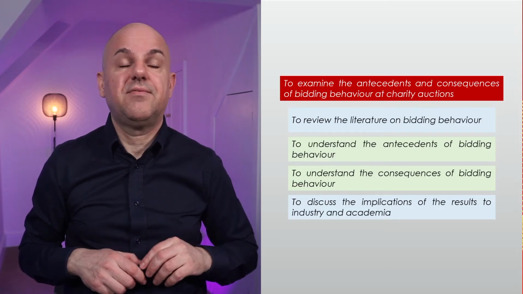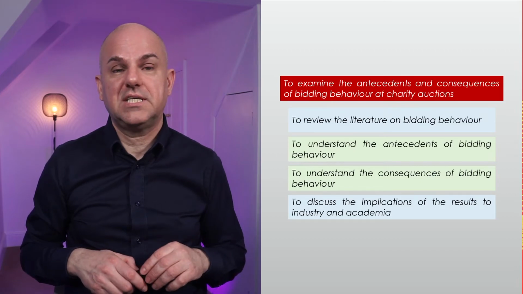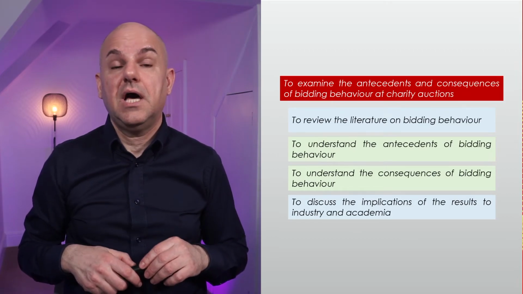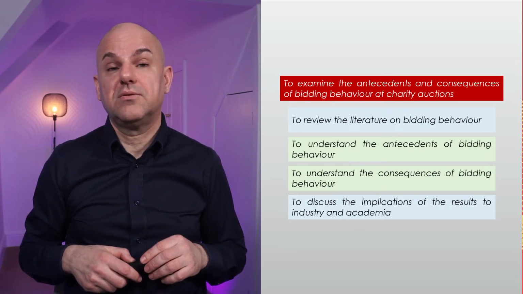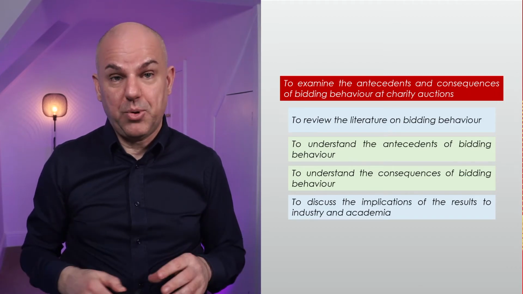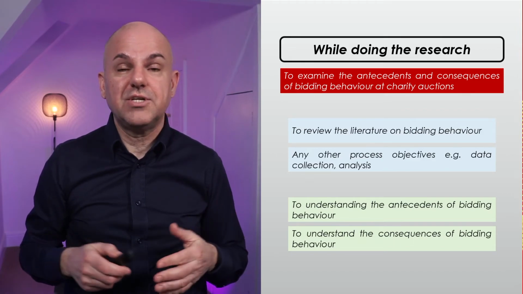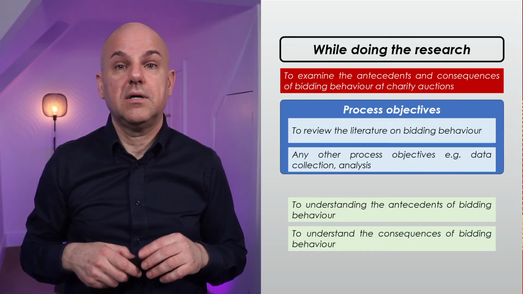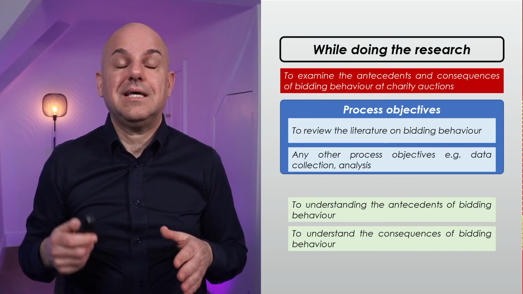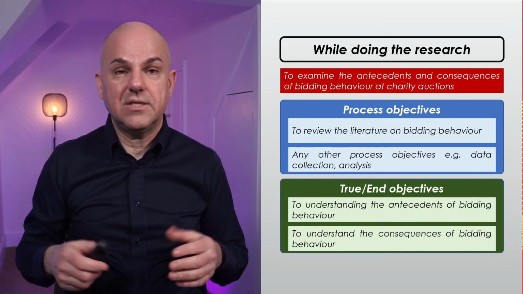And here you have the aim and 4 objectives of the dissertation. What the student did throughout the research was to separate the 2 types of objectives. So while doing the research, he kept a list of process objectives and a list of true end objectives.